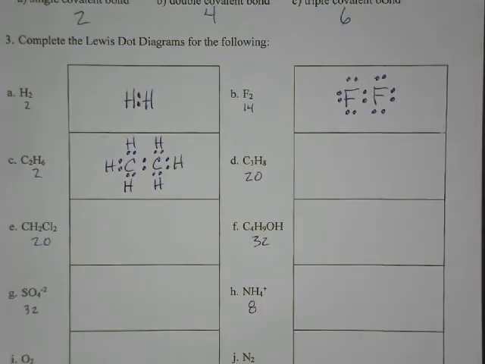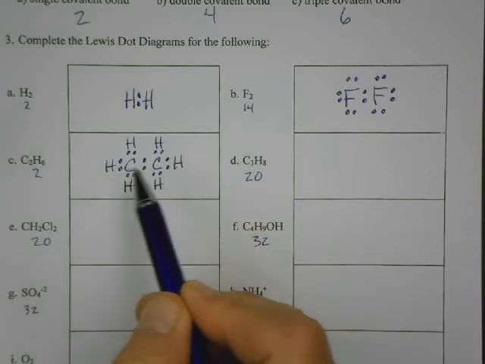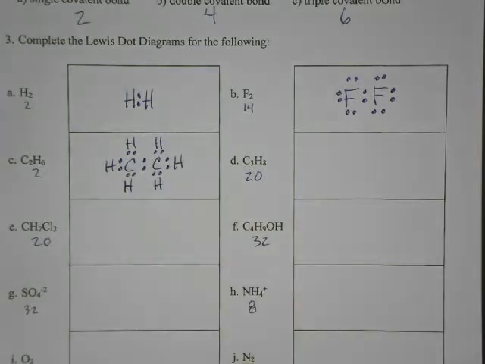And there's my 14 dots, and C is done. 2, 4, 6, 8, 10, 12, 14. Each carbon has 8. All the hydrogens have 2. I've used up all 14 dots.